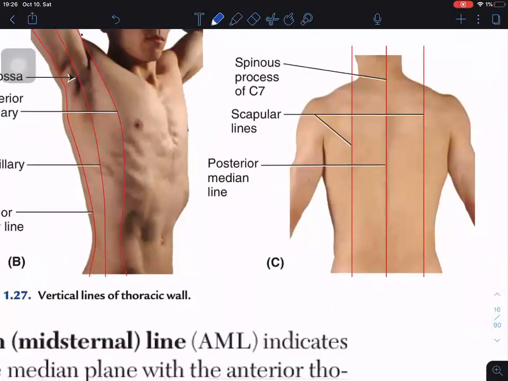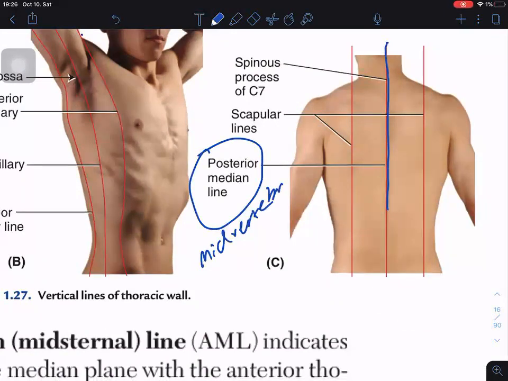So posteriorly, if you look, the posterior axillary fold will be somewhere here. Okay. What other lines can we find posteriorly? So we've got, again in the midline, another line which is passing through the vertebrae, and that's called the posterior median line, or the other name would be mid-vertebral line.